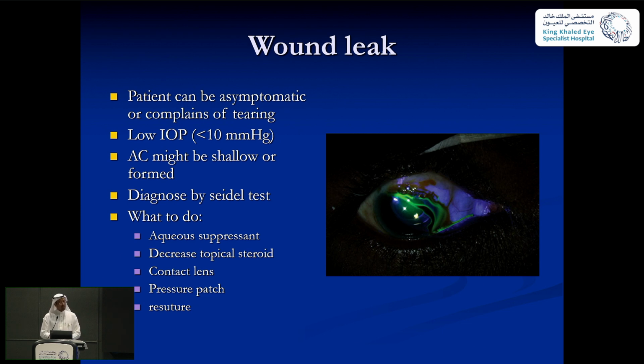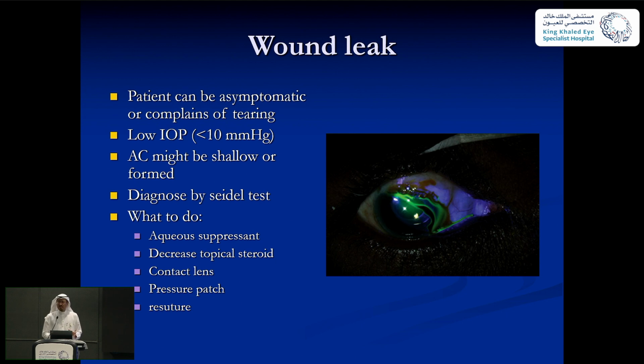What to do? You have to use aqueous suppressants, topical timolol or Trusopt, and we can decrease the topical steroid. If we are using the topical steroid more frequently, we can decrease it, or stop it for a day or so.